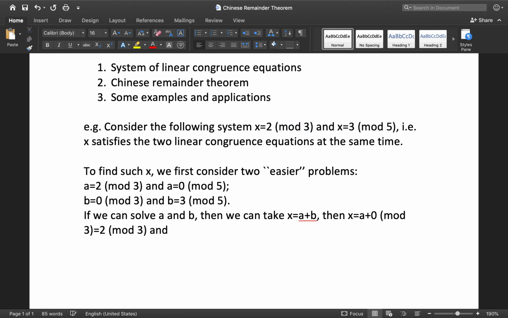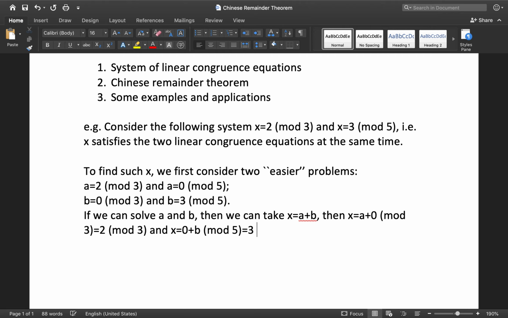On the other hand, if we take congruence module 5, you have something very similar, but in this case you have 0 plus b, because after you take the congruence, by the definition a has to be congruent to 0 module 5. So that's why you will get this. And for b, by our choice, it has to be congruent to 3.